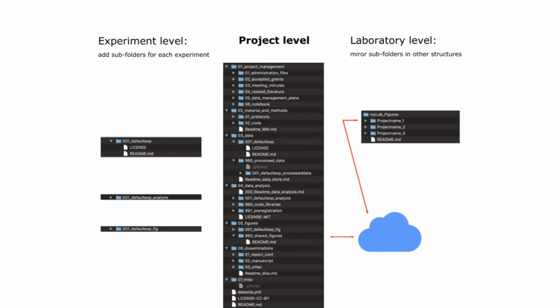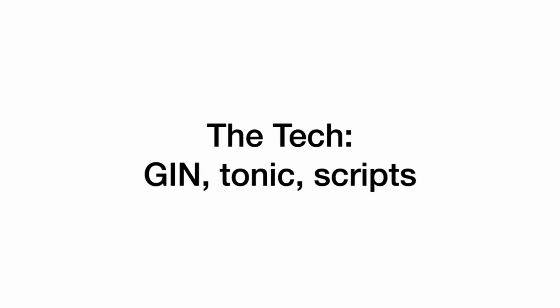Especially for a PI, you may just want to have a look at all manuscripts that have been written in the lab. And to do that, we will need a cloud solution where folders are basically put on the cloud and organized differently for different computers. And to do that, we'd like to use the Git submodule technology.